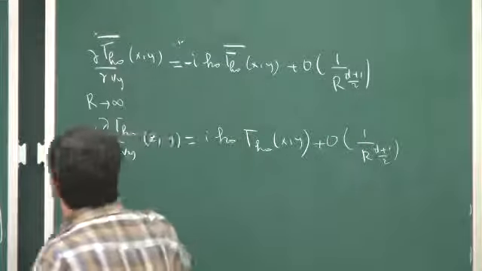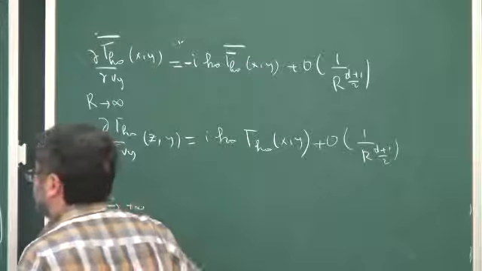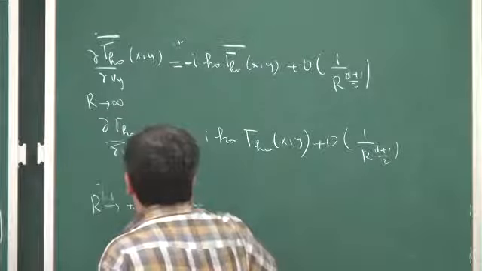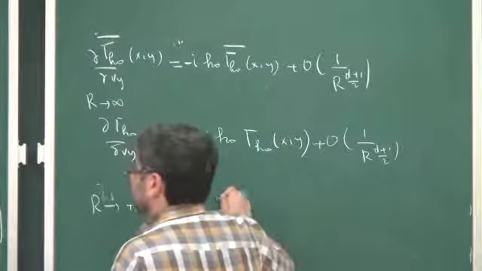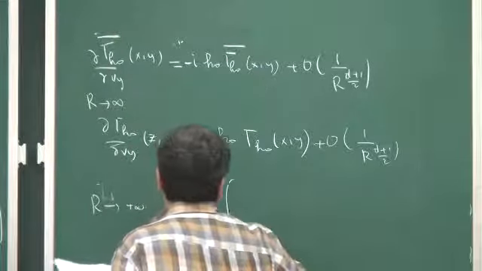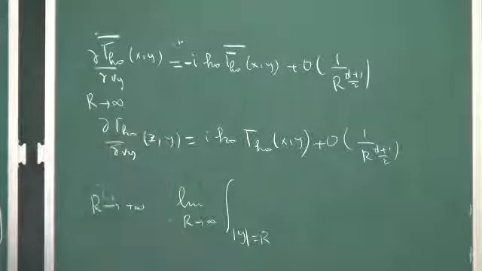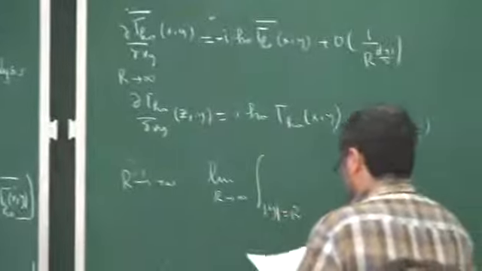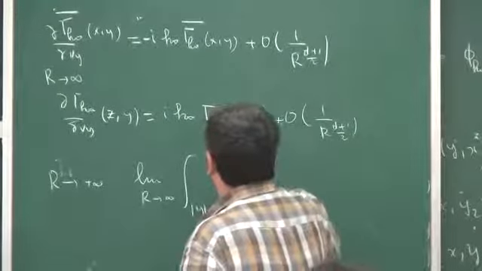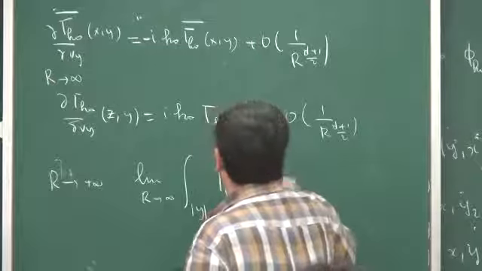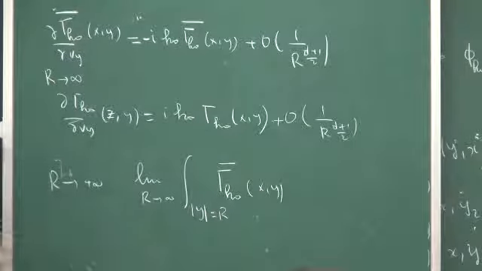So when r is large, you have the limit as r goes to infinity of the integral on |y| equal r. The points x and z are fixed, and r is going to infinity. You get gamma k0 bar of x and y, because you replace this one by minus i k0 and this one by i k0.